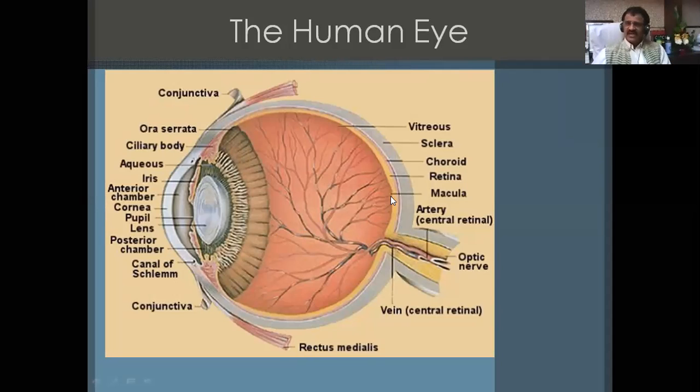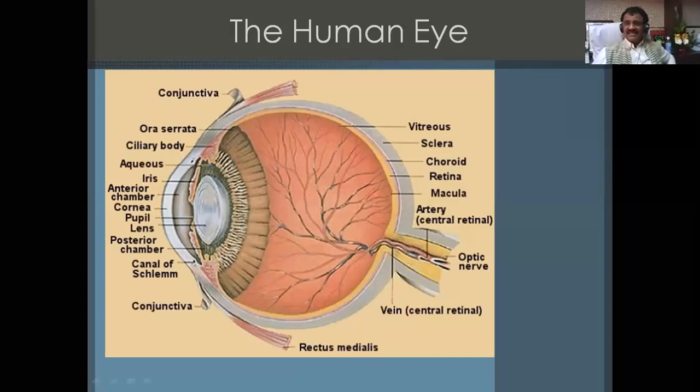This is the macula, where there is a direct straight line going to that. This macula is having aggregated rods and cones, lots of concentrated rods and cones. Okay, mostly cones. And just below that, there is an optic disc.